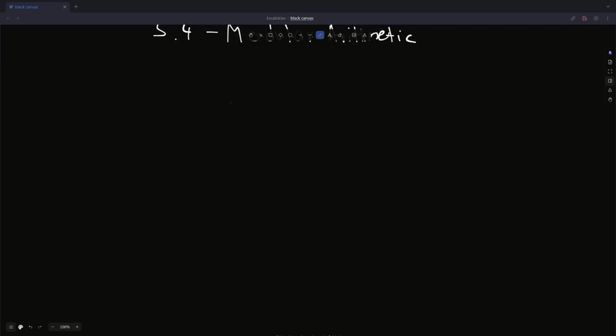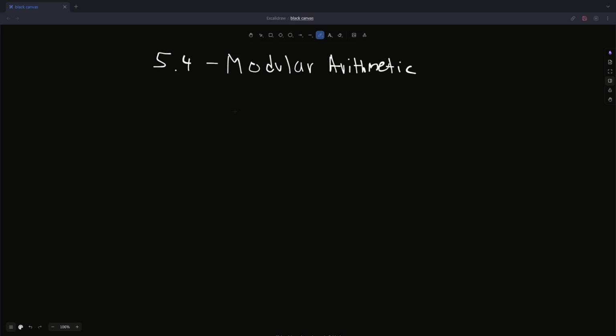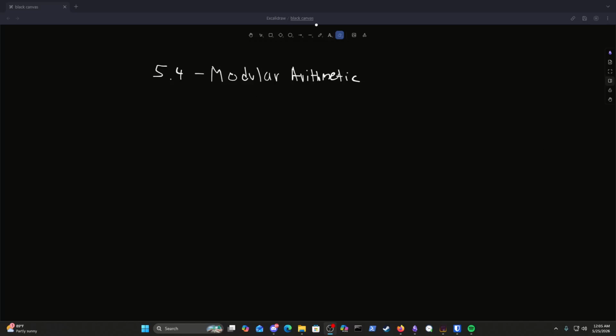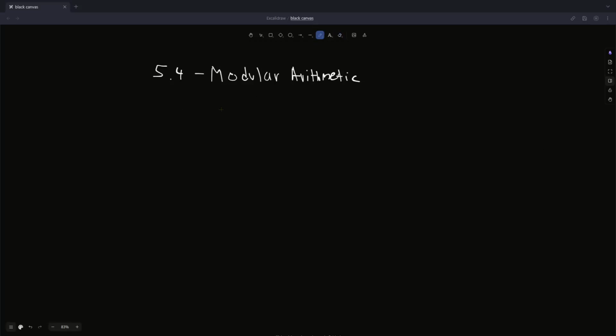When you see mod, just think of division and remainders. And so again, if two numbers have the same remainder when divided by a number, they are said to be congruent. And you might be wondering where the power in that is, and it'll become evident as we go along.